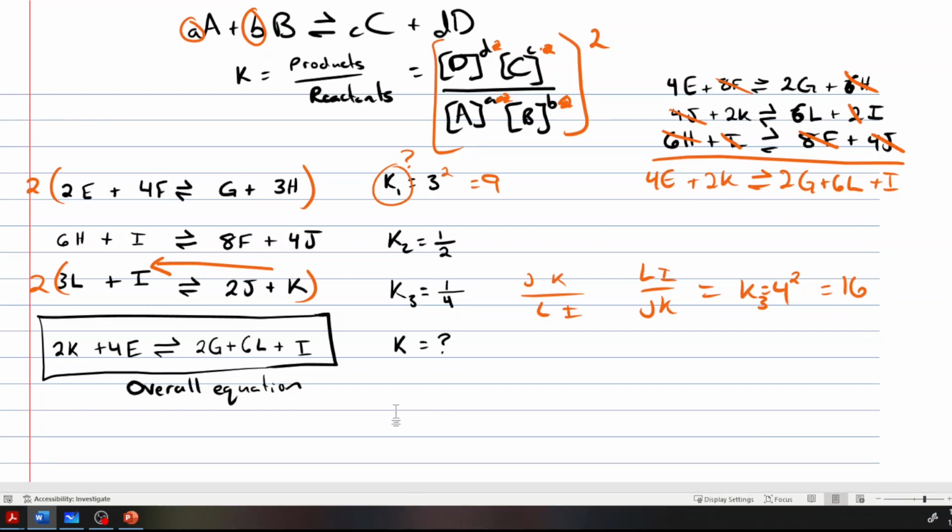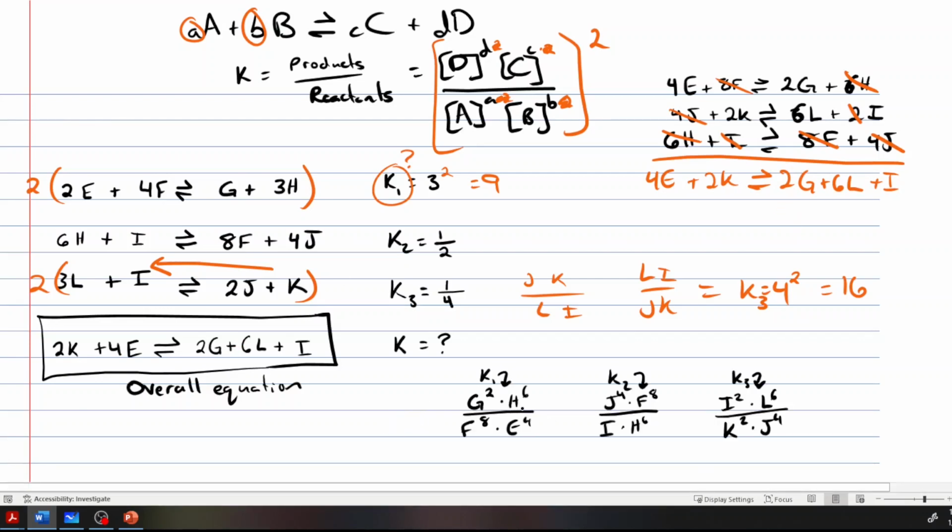Now to combine the K's. If I take the K's in their rearranged and multiplied value, so I've already multiplied my G times 2, so that would be G squared H6. And you can see that my K3 is flipped, so what used to be the products are now on the reactant side. So if I want to make my K, we've already mentioned that we're multiplying them, but why? And the answer is, that's how you get things to cross out.